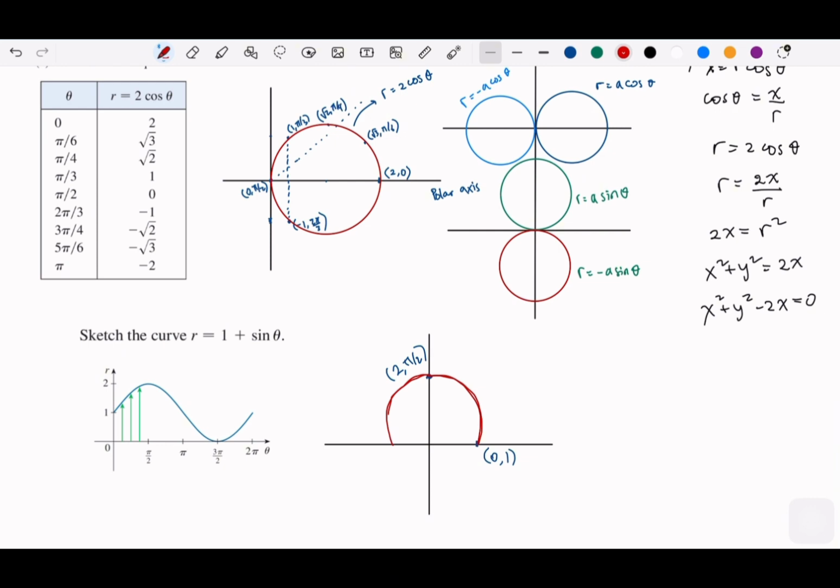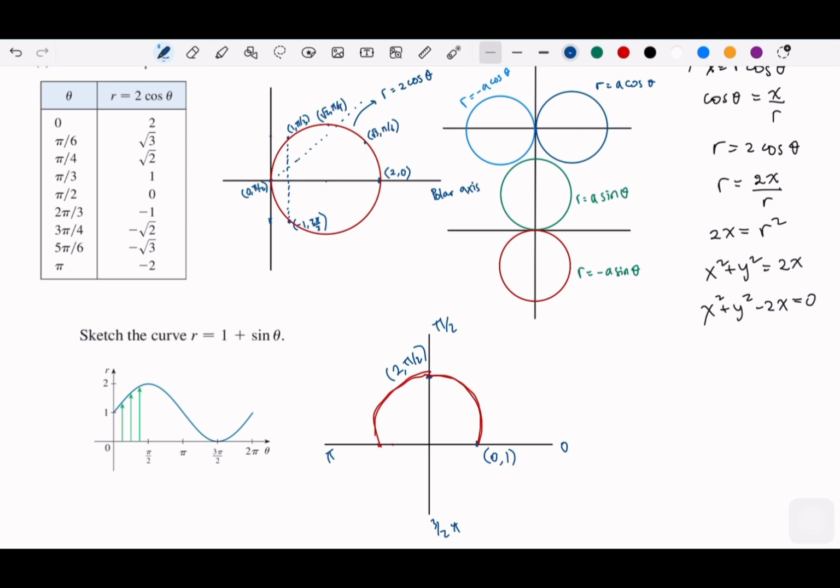Or in our case, perhaps maybe this is not a good proportion. Let me make it clear. Maybe here, the 1 is here. It's not good. Yeah, suppose that is okay. So this will be pi, this is pi over 2, this will be 0, and 3 over 2 pi.